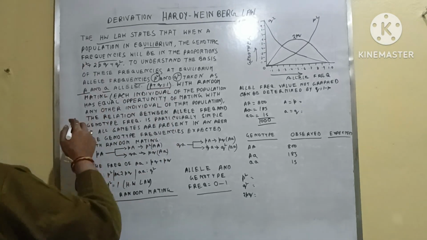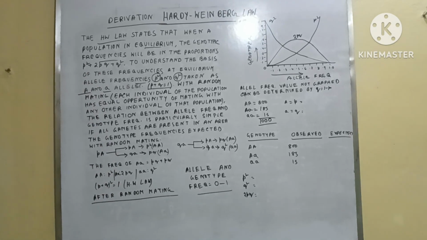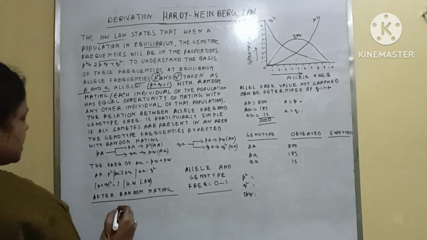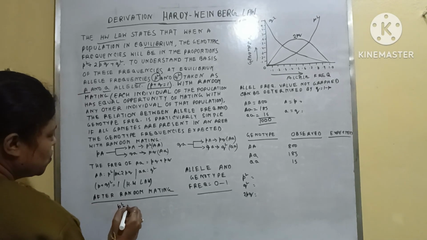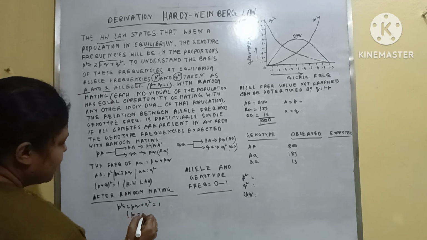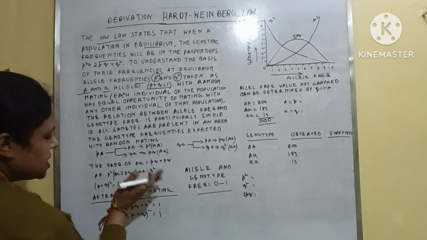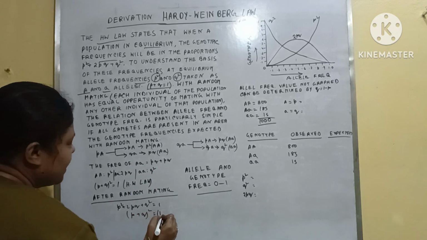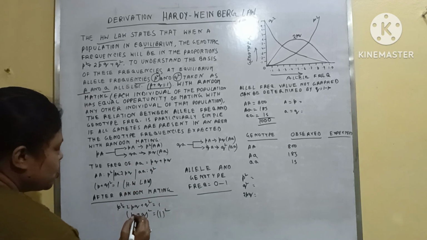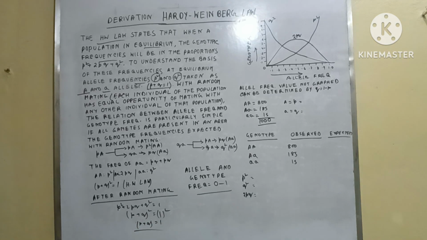How is that possible? First I have to check. If p square plus 2pq plus q square is 1, that is p plus q whole square equals 1. If the square is removed, then p plus q equals 1 with random mating.